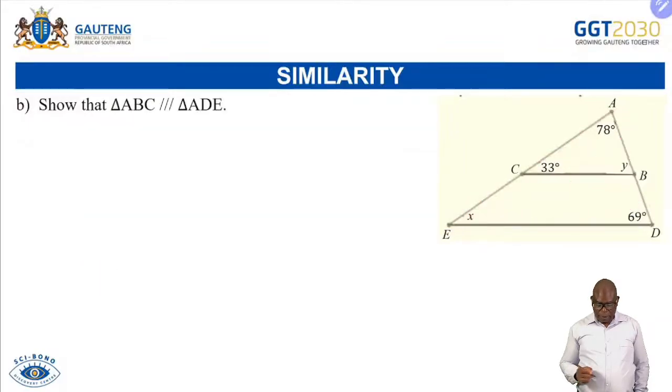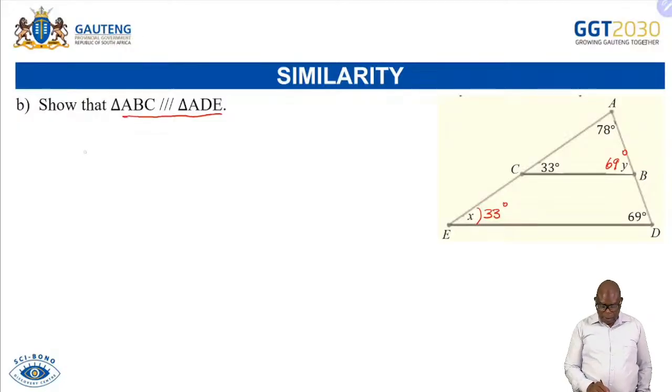In B, it states that show that ABC is similar to ADE. This is 69, that is 33. And I think that's quite straightforward. Angle A is common, 78 degrees. That's the first thing here.